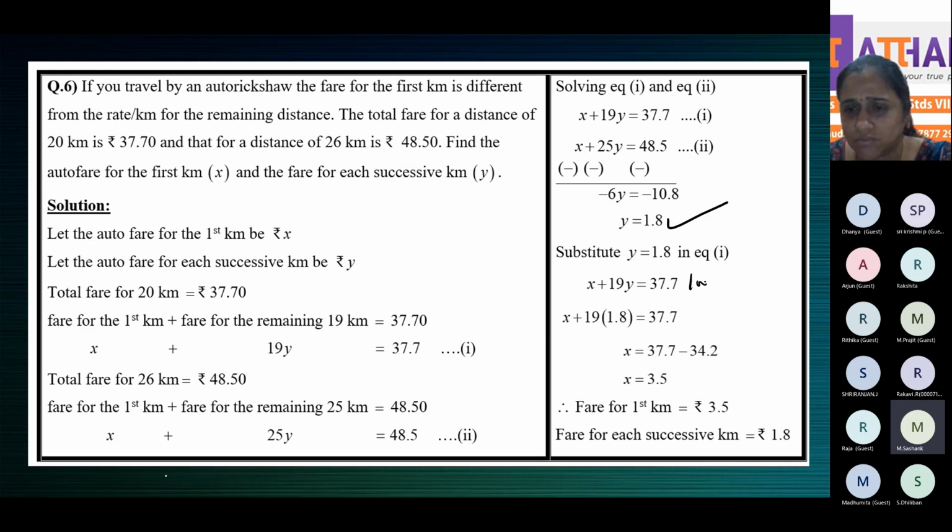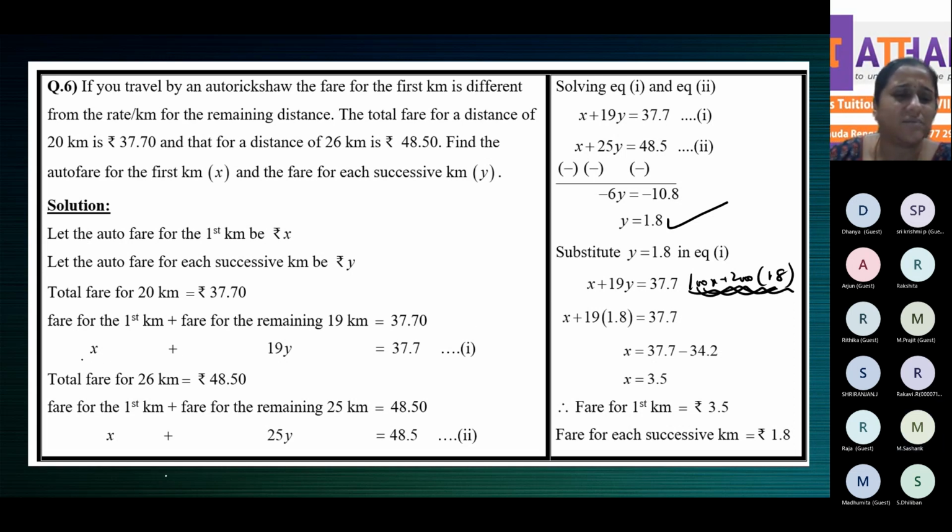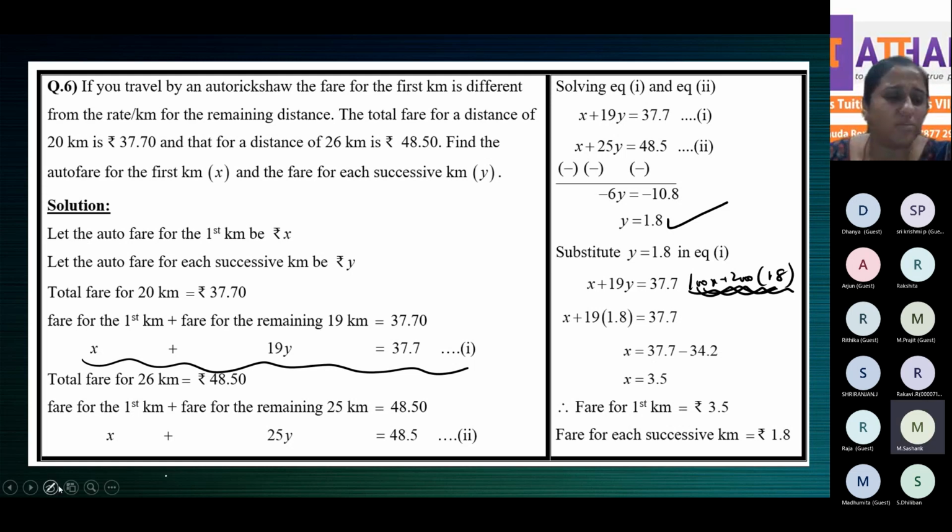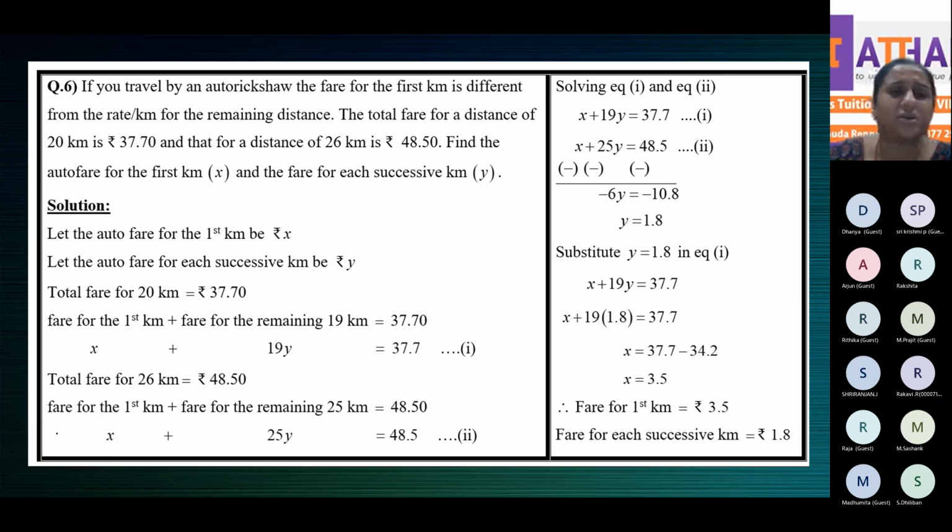100x plus 2000 into 1.8 is equal to 3.37. Why are you substituting in these equations? Okay, you tell me. I took the decimal out, ma'am. That is why.